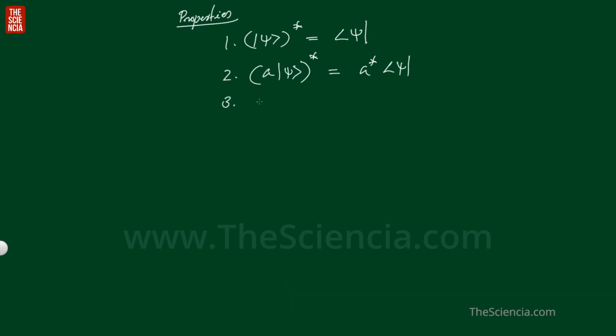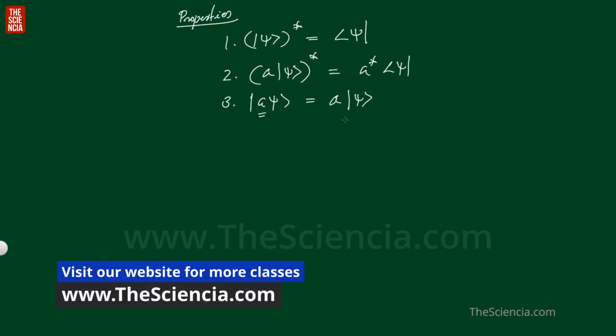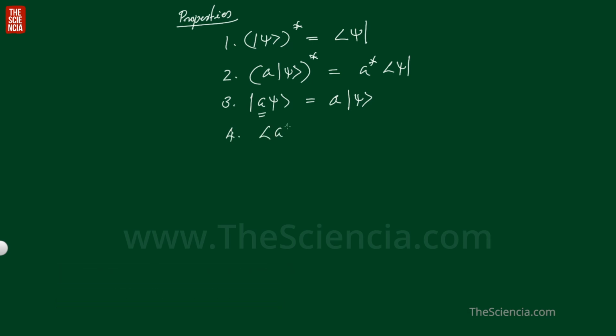Third property, ket a psi, where a is a constant. Then this will be equal to a ket psi; we can take this a outside the ket notation. And fourth property, bra a psi is equal to a star bra psi. That is, when we take a constant value outside the bra, we have to take its complex conjugate.